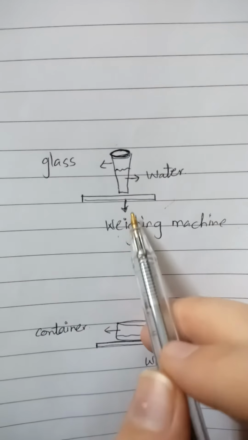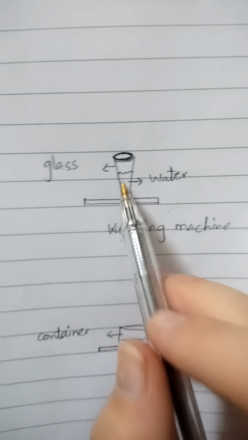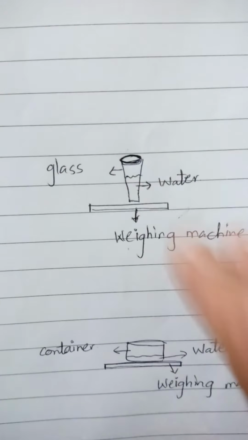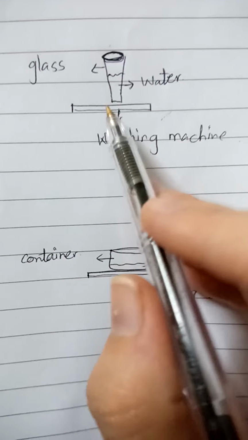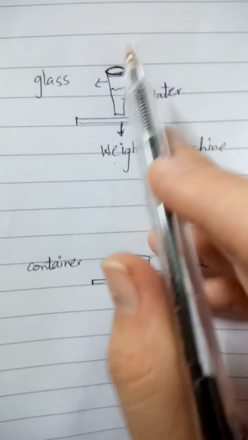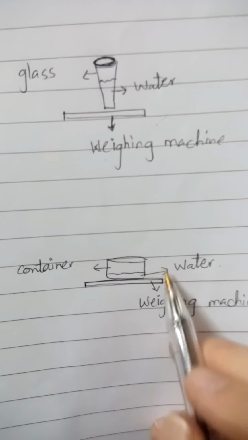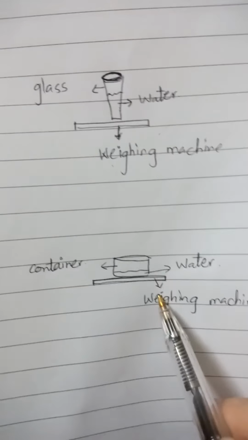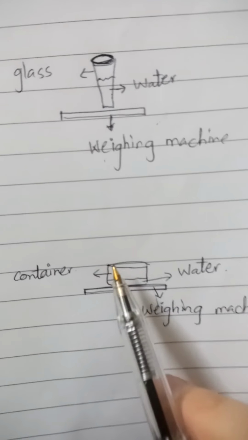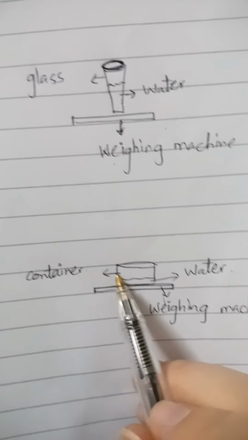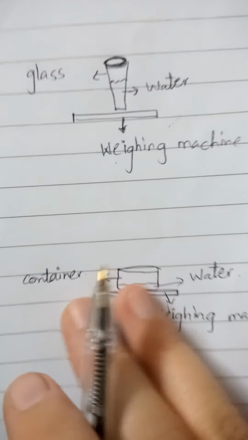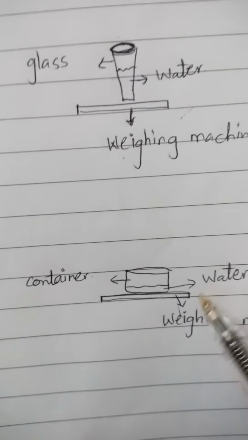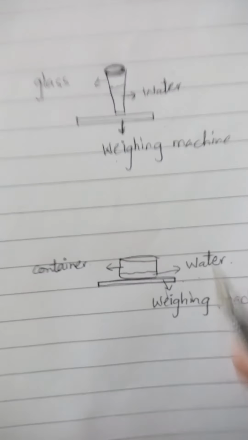When I weigh the glass of water and subtract the weight of the glass from it, we get the weight of the water. Now I pour all of the water from the glass into a container, and then I weigh that container on the weighing machine. If you subtract the weight of the container and only measure the weight of the water, the weight of water will remain the same.